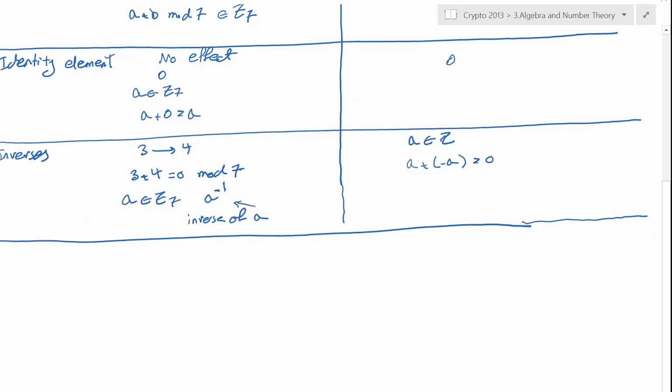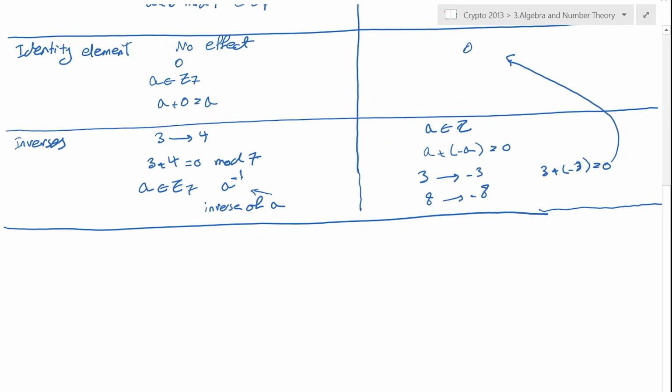So the inverse of 3 is minus 3. The inverse of 8 is minus 8, right? Because if you do 3 plus minus 3, you get 0, which is the identity element.